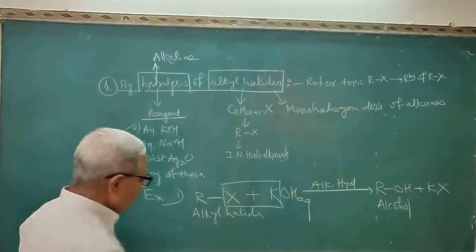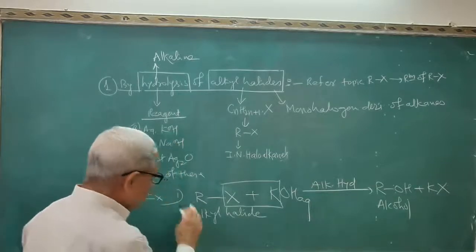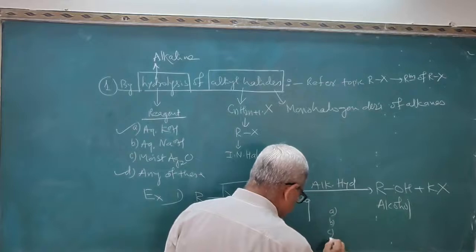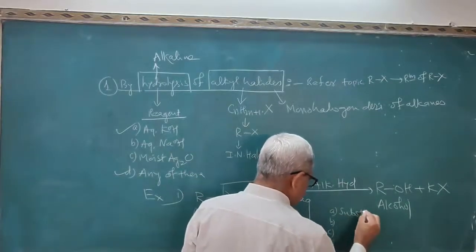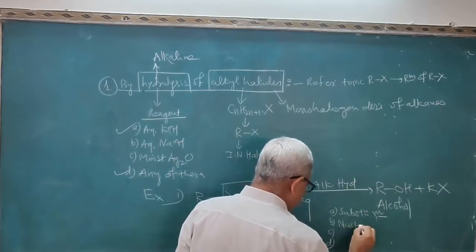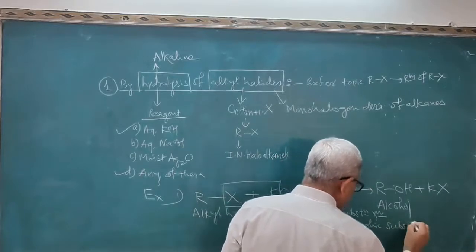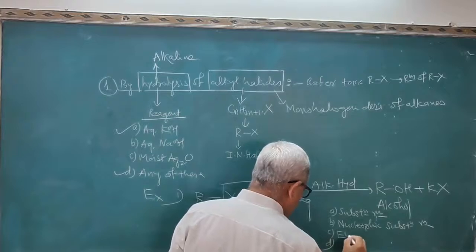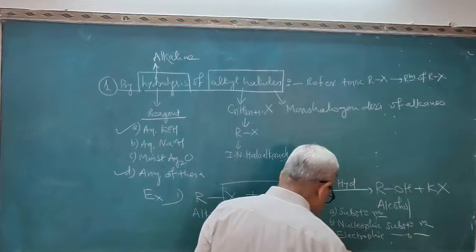Now see here, I will set the question on the reaction. This reaction is a, A B C D. First option is a substitution reaction. Second option is nucleophilic substitution reaction. Third option, electrophilic substitution reaction.